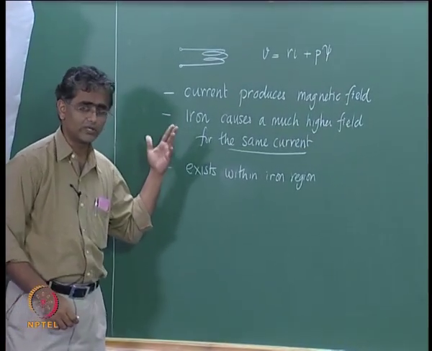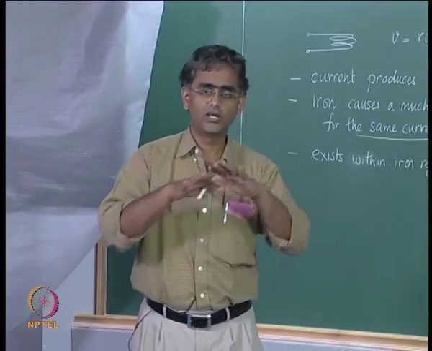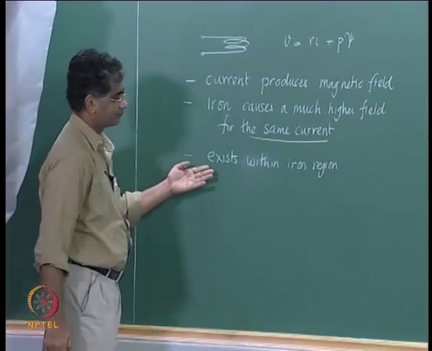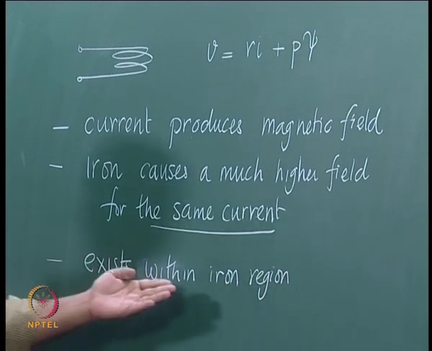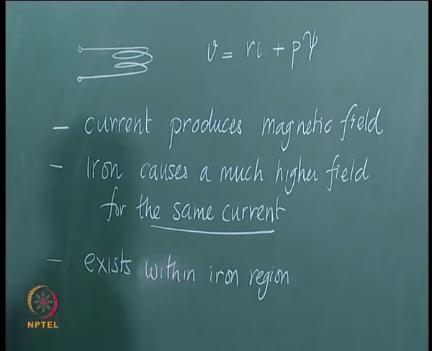It is not that the field does not exist outside the iron material, the field does exist, but the levels are very small outside the iron area, and this is the reason why iron is used in all electromagnetic equipment and apparatus. Iron in the sense that it may be an alloy of iron, in some form iron is used, okay.